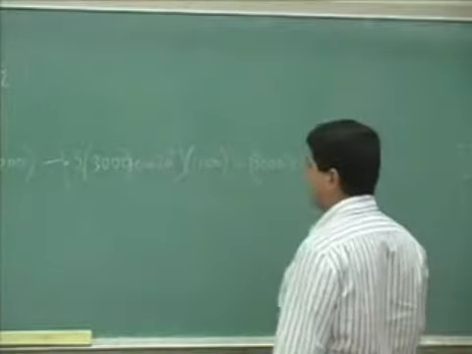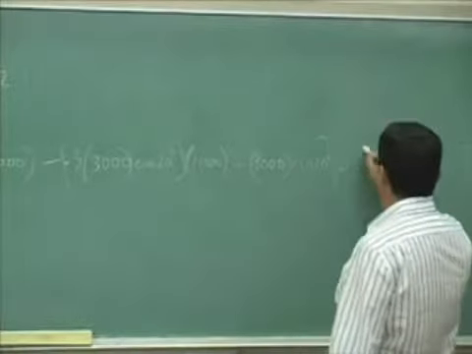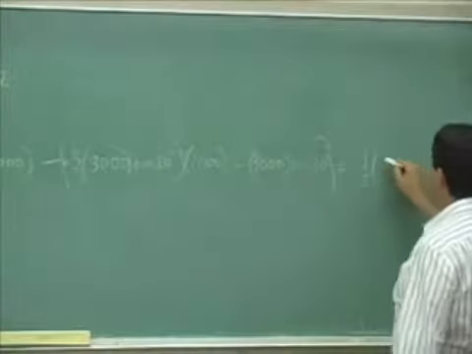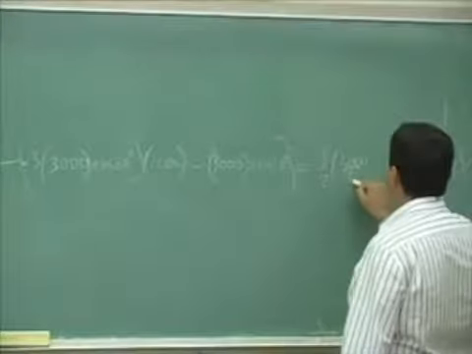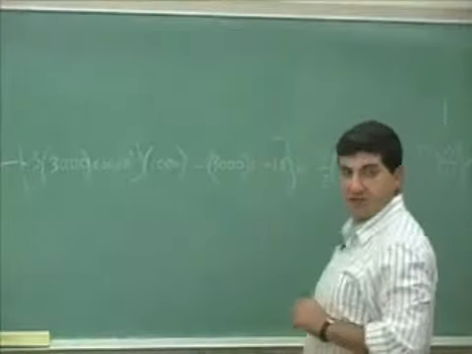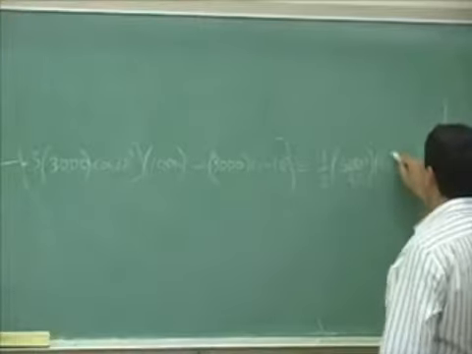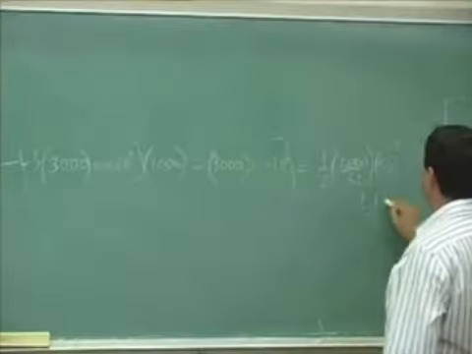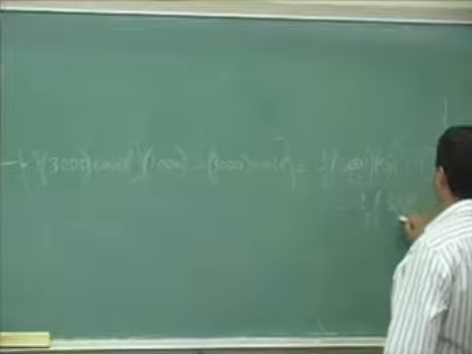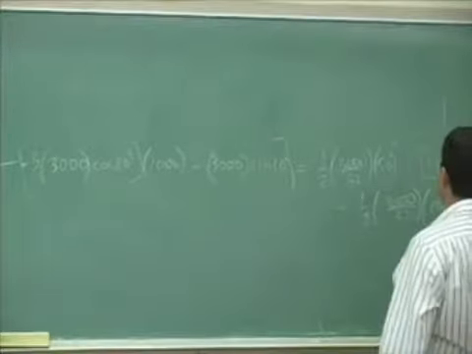And that's about it. So now that's equal to half times 3,000 divided by 32, because I'm changing to slugs. V final is 50 minus half times 3,000 divided by 32 times 10 squared.